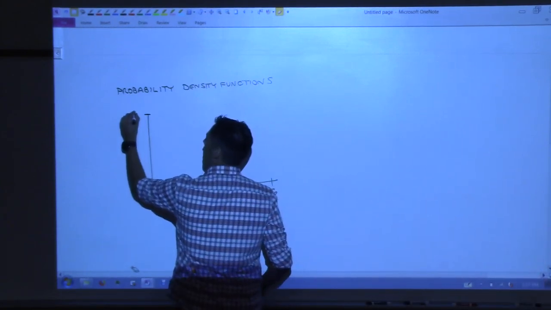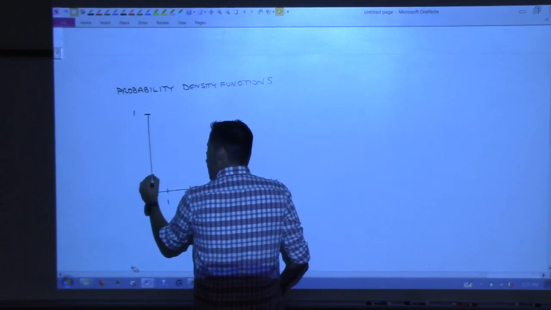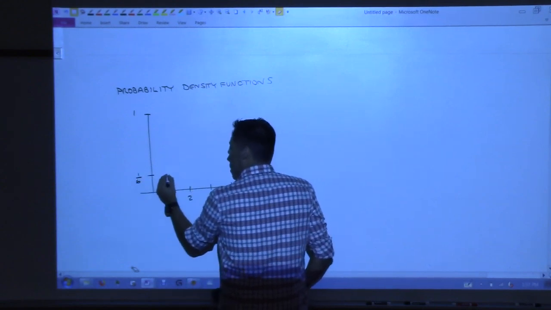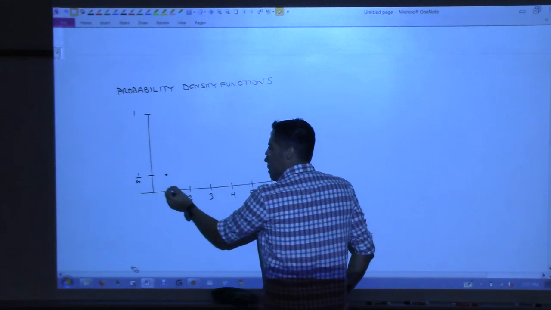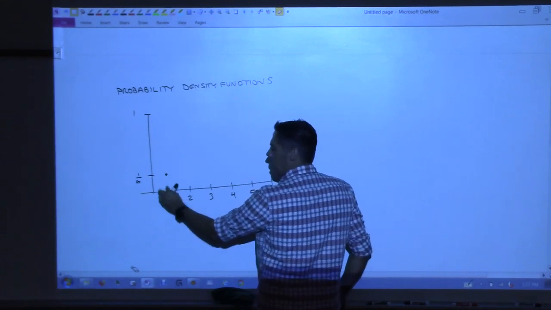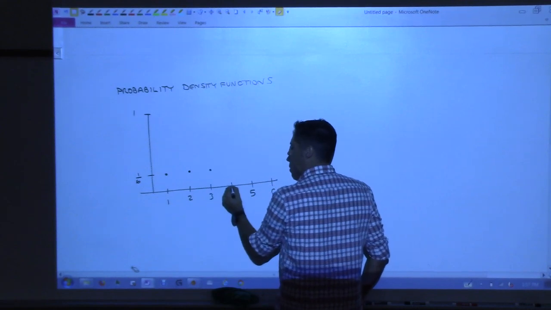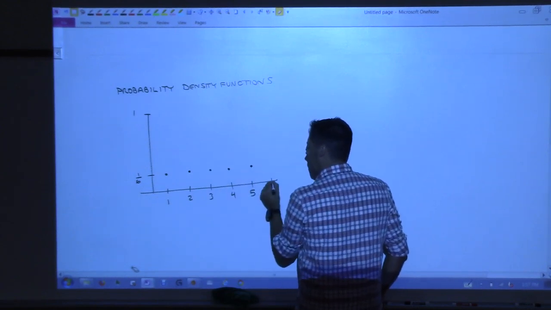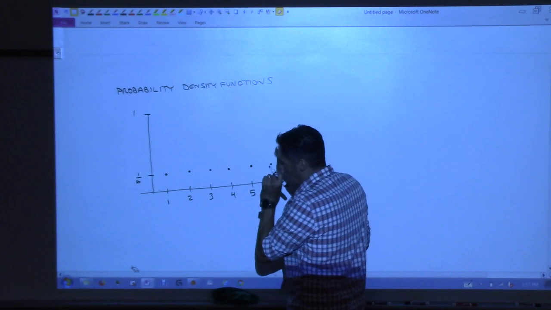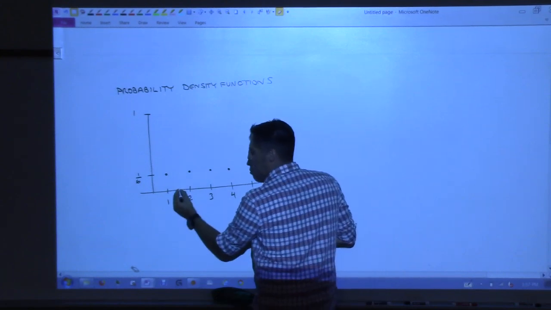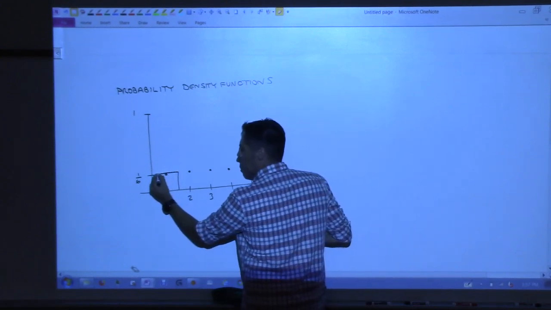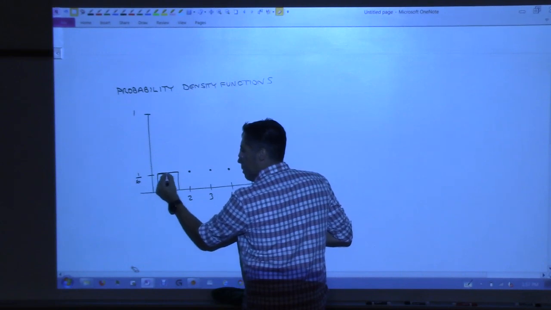So if this is 1 up here, 1/6 would be maybe right here, let's just say. So that would be the probability of getting a 1, yes? Probability of getting a 2, 3, they're all the same, aren't they? Now, if I drew a rectangle here, oh, that's supposed to go halfway.